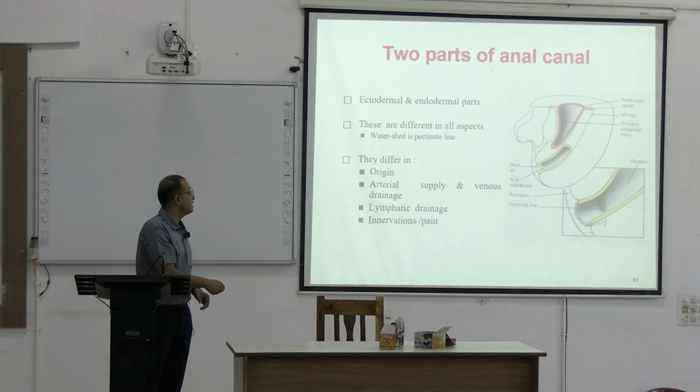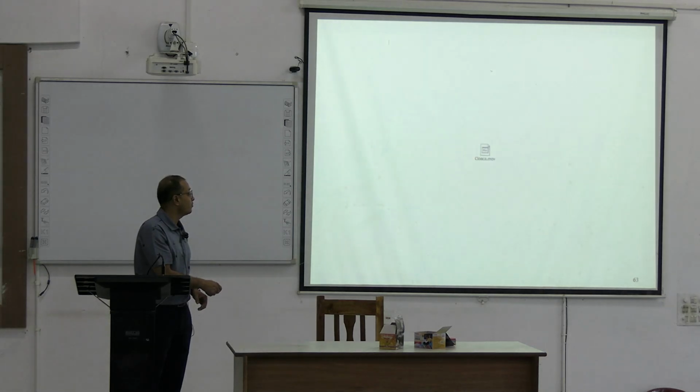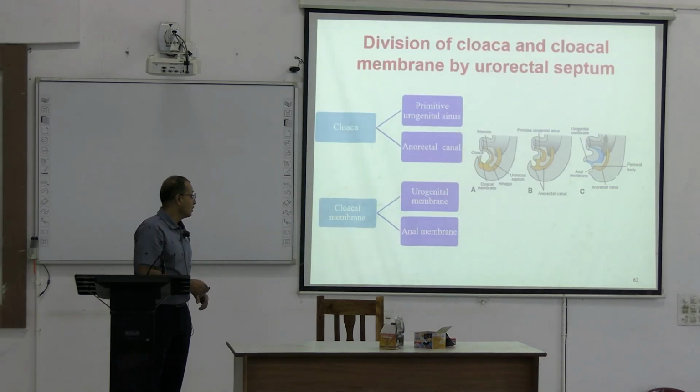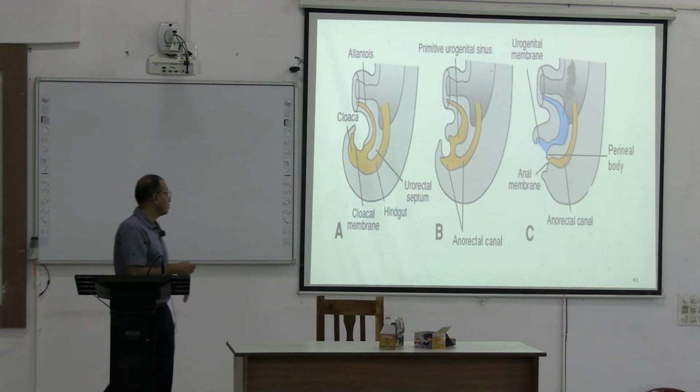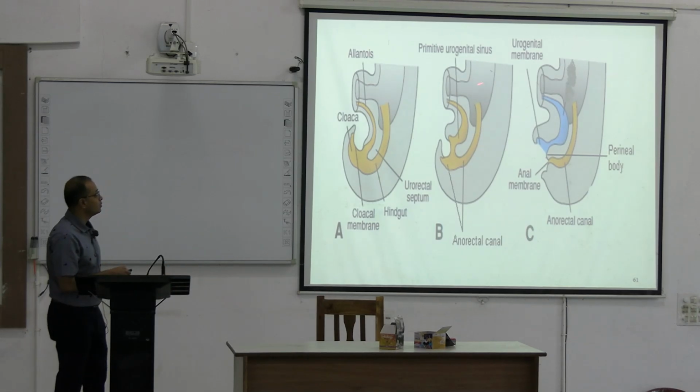We are just restricting this discussion to the clinical problem related to the formation of the cloaca, which is a blind pouch that is separated from its diverticulum, which we call the allantois. The septum created in between, which we call the urorectal septum, splits this cloaca into two parts: the cloaca on the posterior side and the urogenital sinus on the front side.